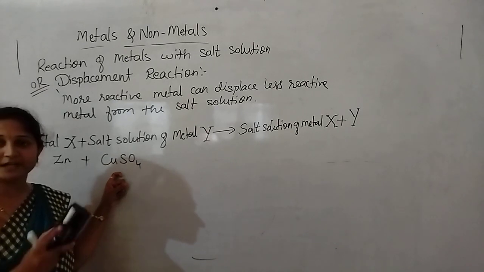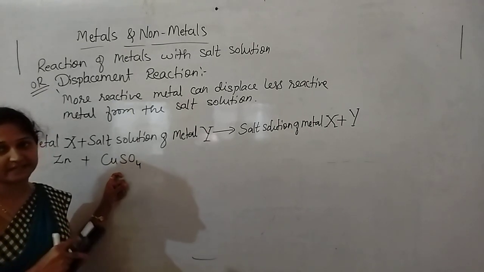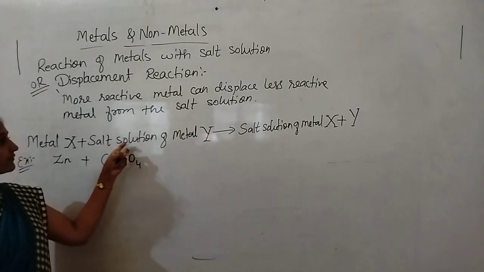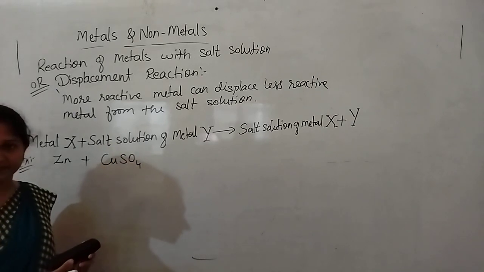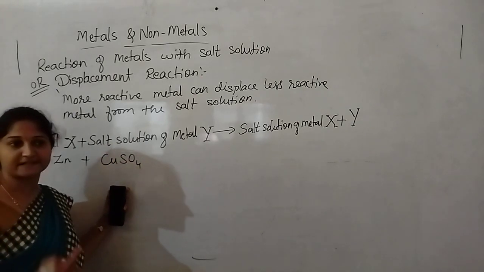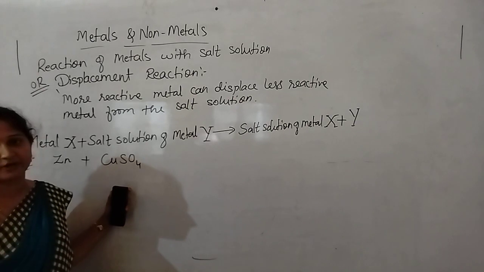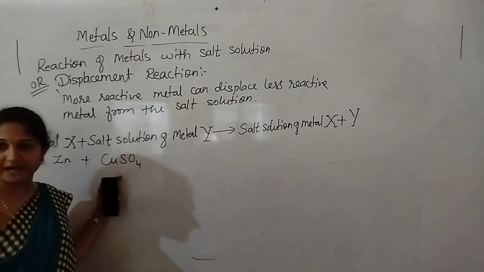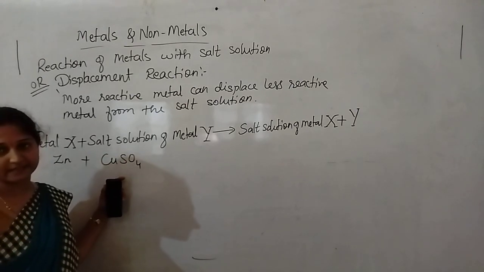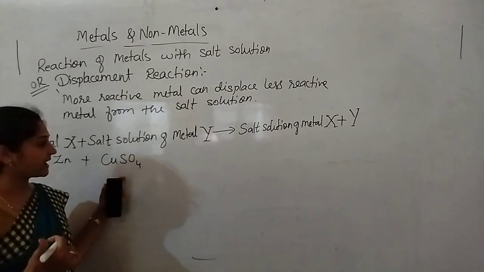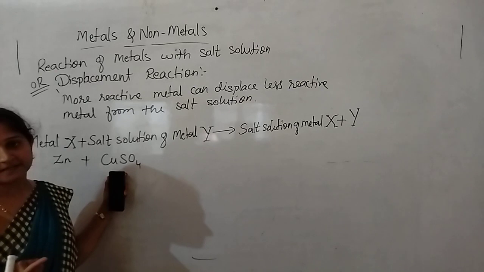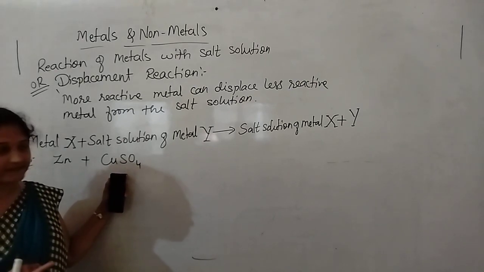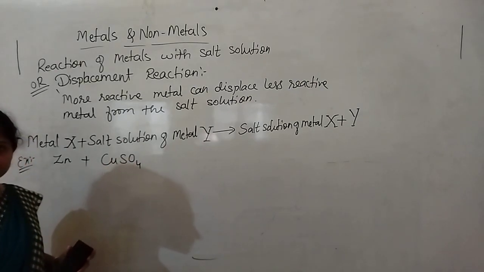Any metal carbonates, metal sulfates or metal phosphates we consider salt solutions. Even chloride also, for example NaCl, sodium chloride, potassium chloride, calcium chloride. These are chlorides, sulfates and phosphates, considered as salt solutions.